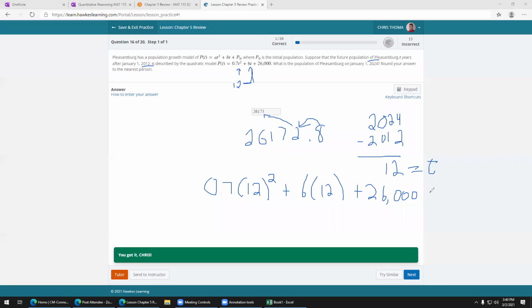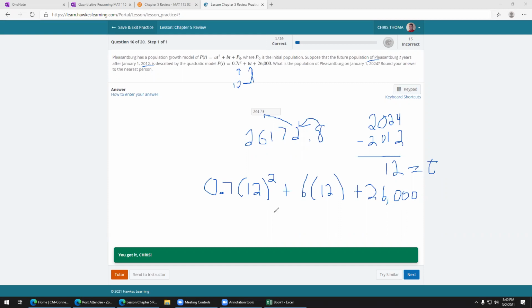I got 26,082.08. Well, I know I got the right answer, so let me make sure I wrote this down correctly in front of you. That might be my first problem. 0.7 times 12 squared plus 6 times 12 plus 26. Oh, I do not like this calculator.